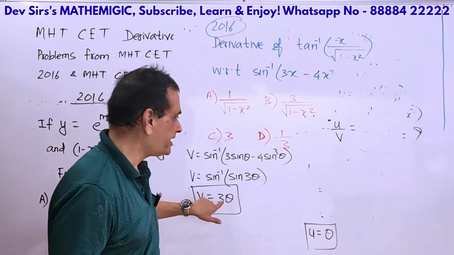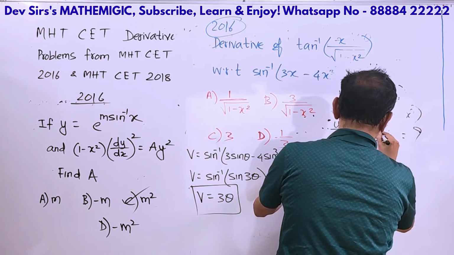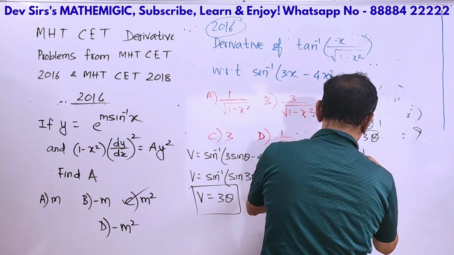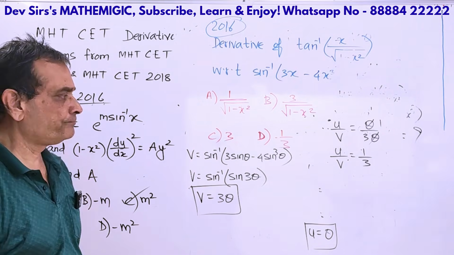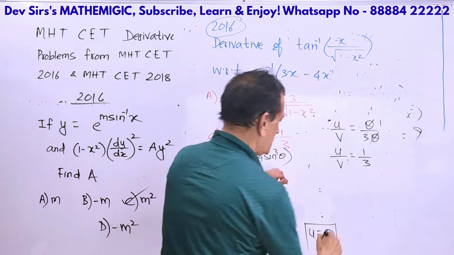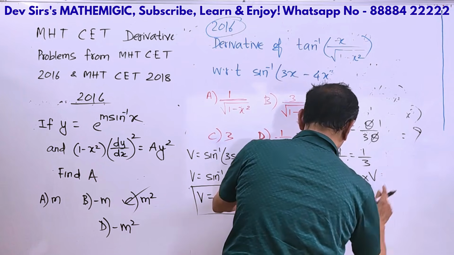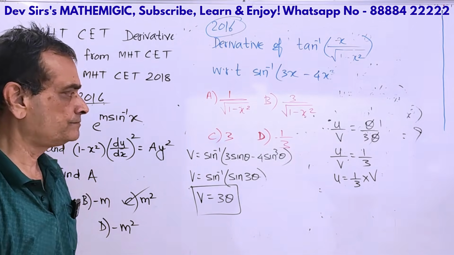That is theta upon 3 theta. u upon v is equal to 1 by 3. Quite interesting now. So u is equal to 1 by 3 into v. That is the equation that we get.